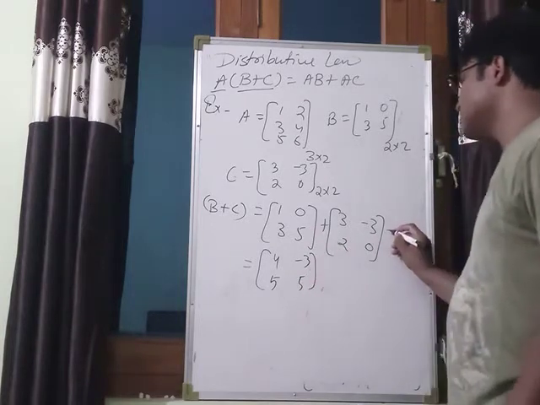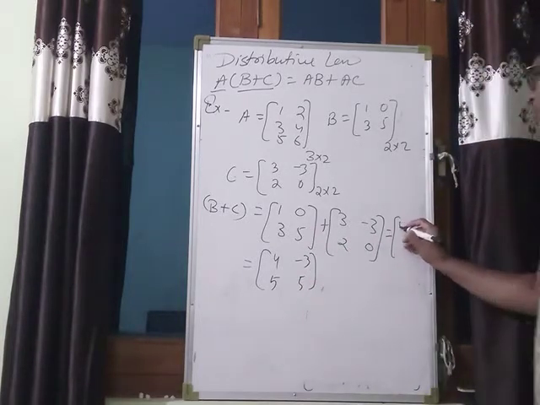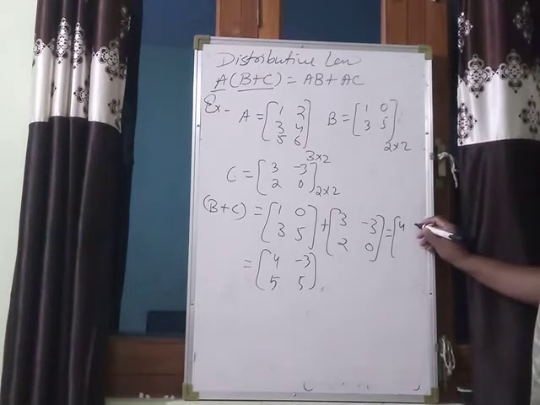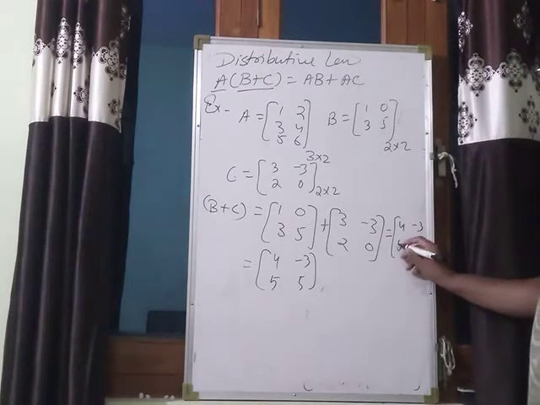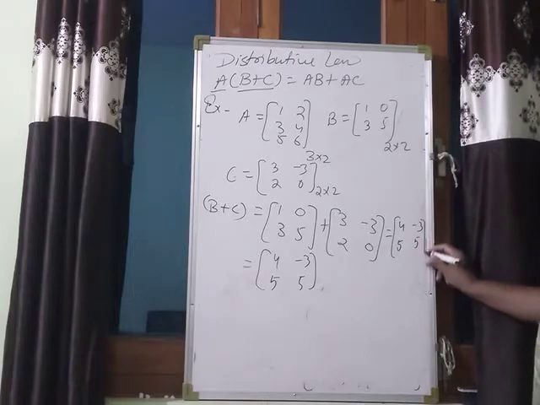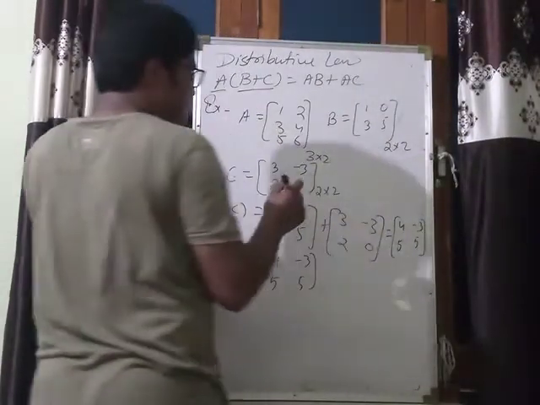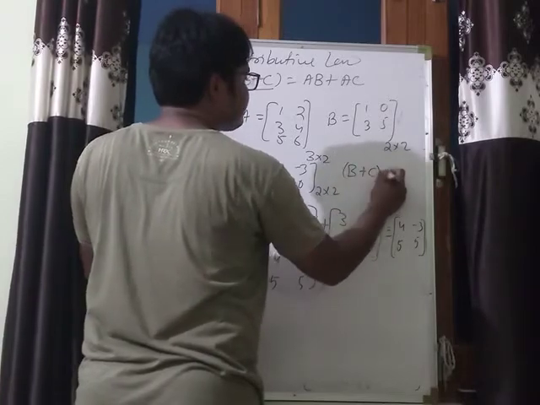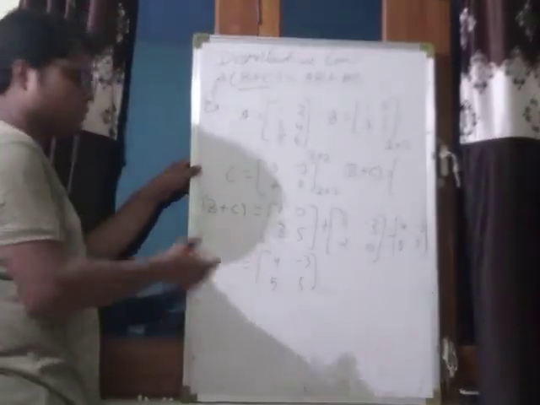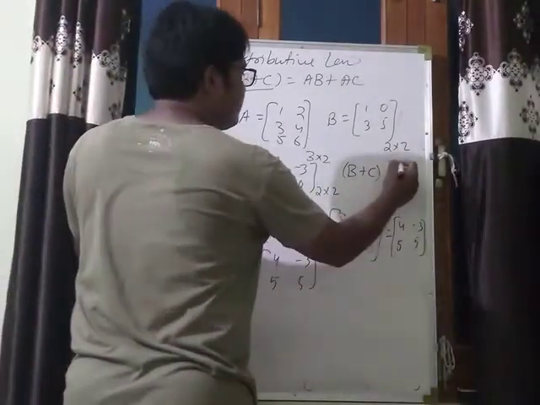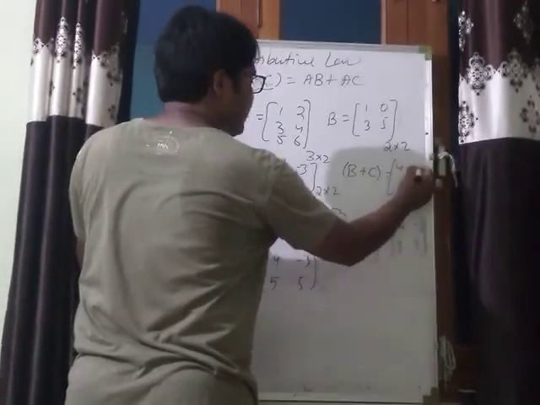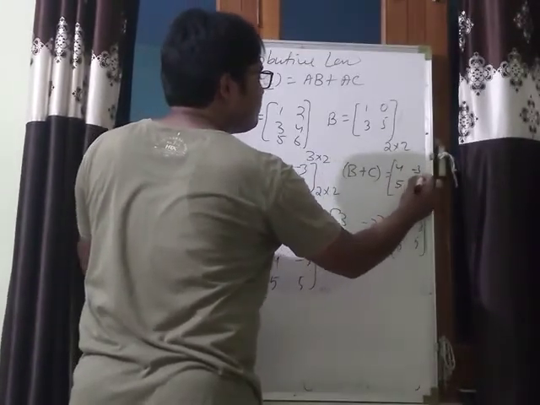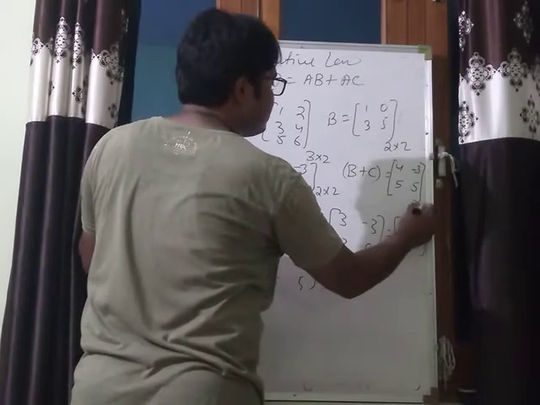So this is B plus C. B plus C is 4, minus 3, 5, 5. This is of order 2 by 2.